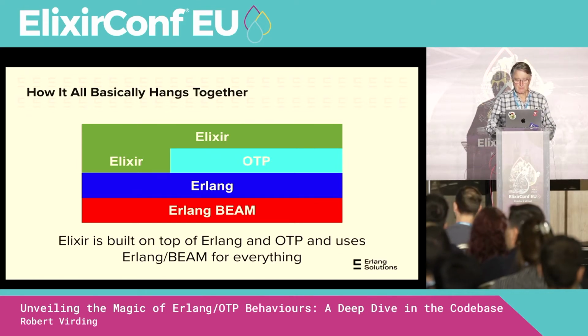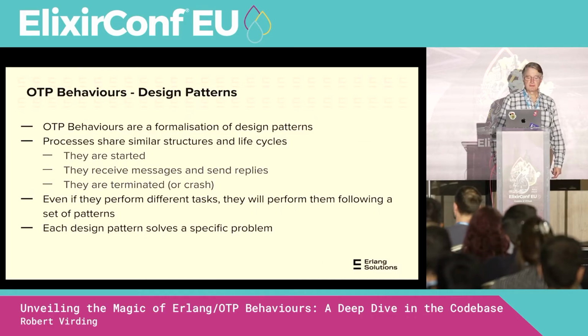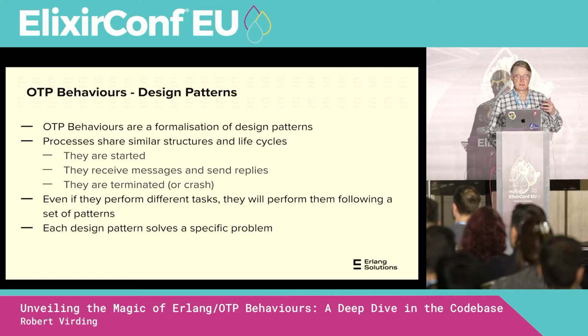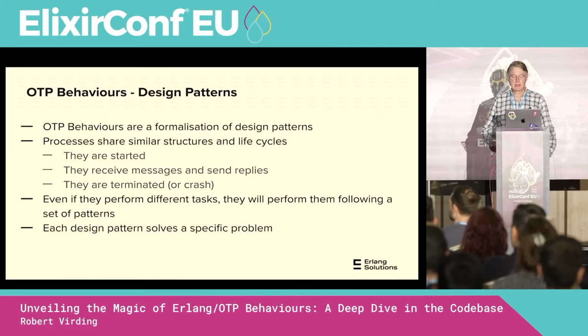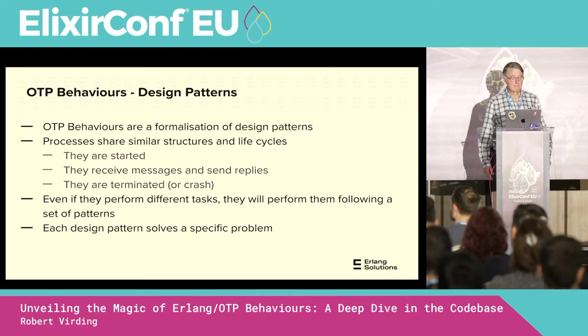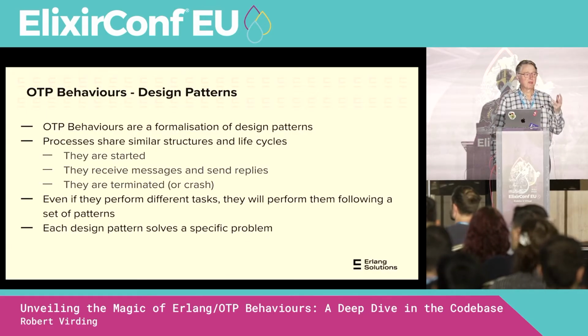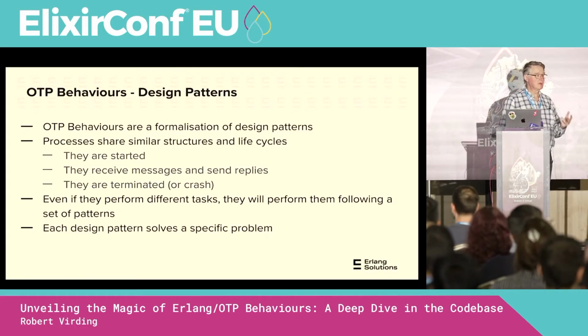Right? So, OTP behaviors. A bit about the design patterns for them. They're a formalization of a design pattern, or some design patterns. That's what they are, right? Doing things in a specific way, or handling things in a specific way. And the low-level processes all look pretty much the same, have the same structure and same way of working.